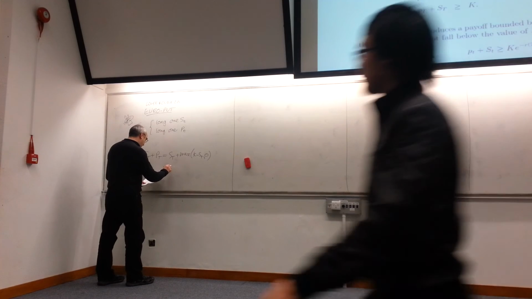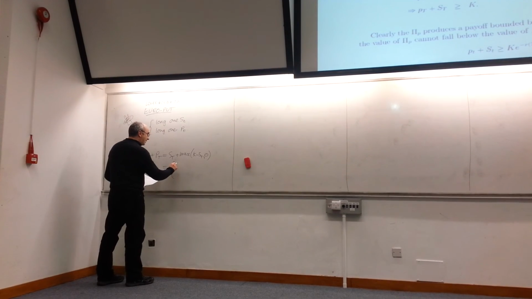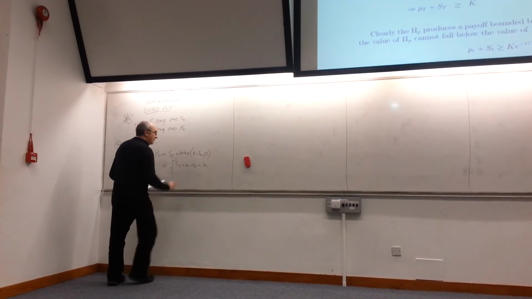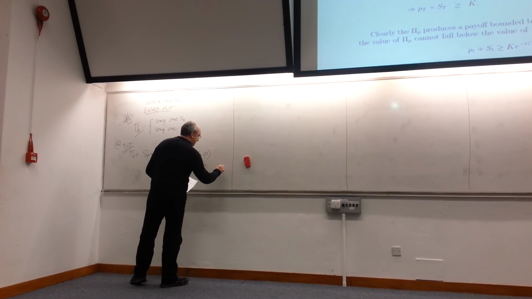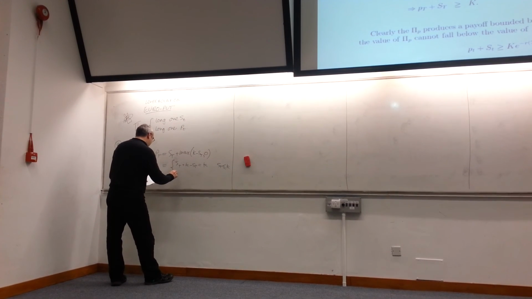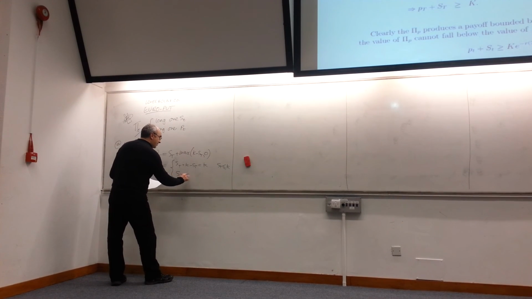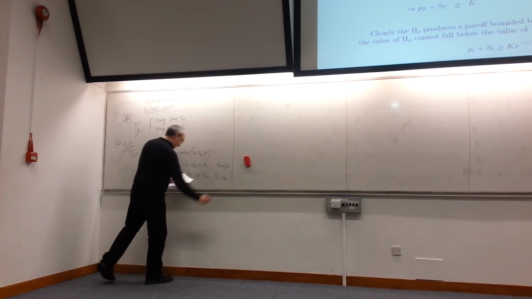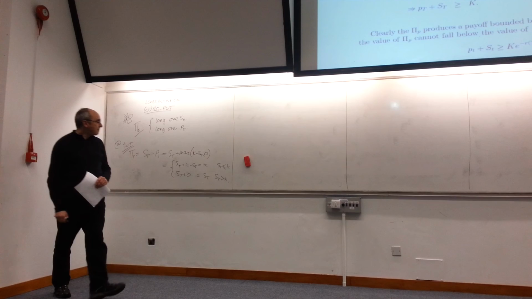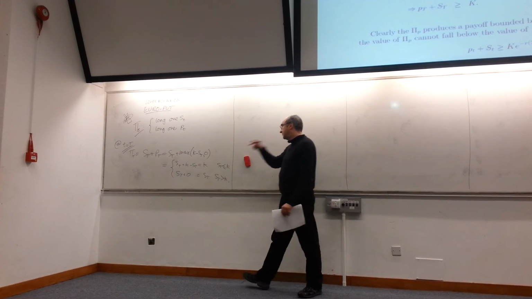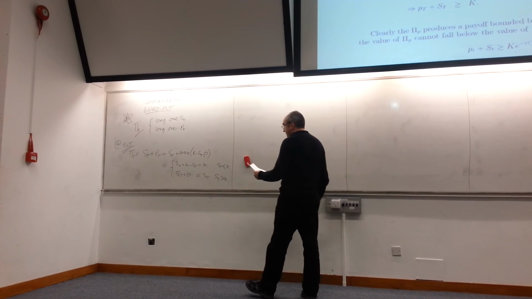So that is equal to either S_T plus K minus S_T, which is just K, if S_T is less than or equal to K, and it is S_T plus 0, which is just S_T, if S_T is greater than K. So depending on which part of the option you've got, that's what the answer is.